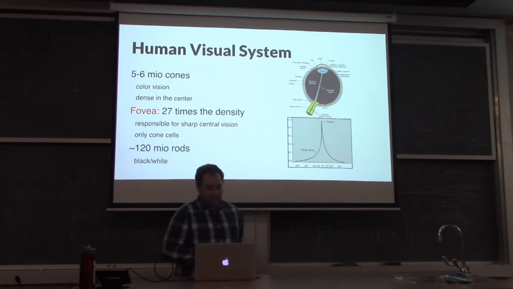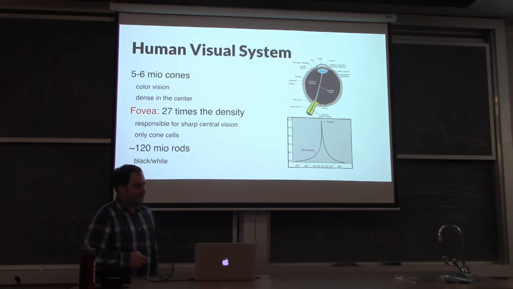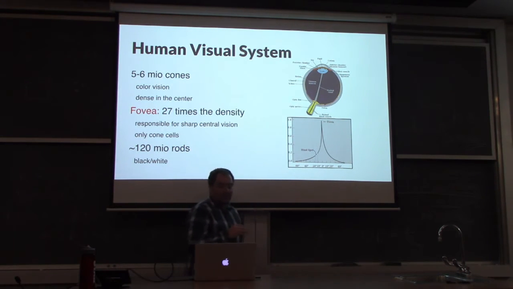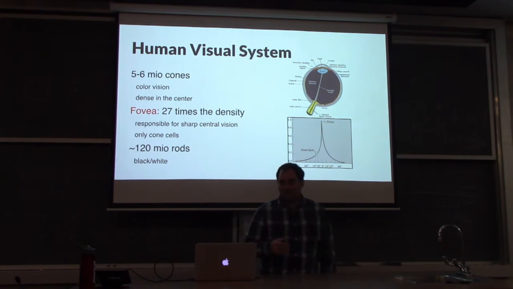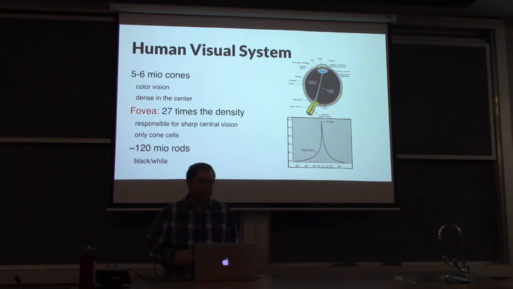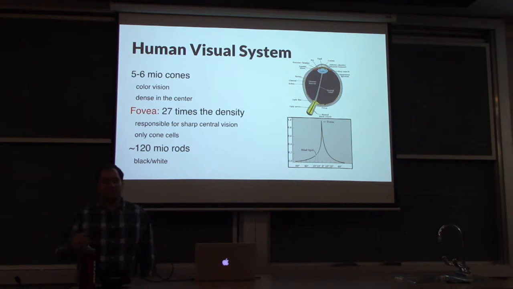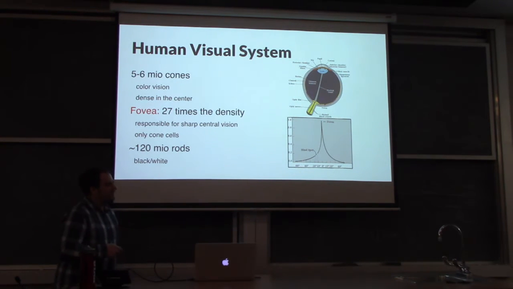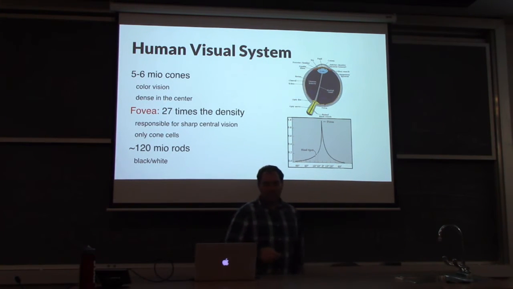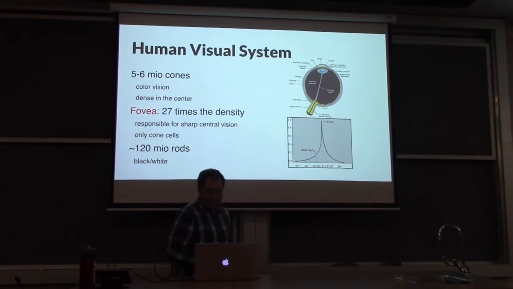You don't have to know any details about this, but the interesting distinction here is between cones and rods. We have about 5 or 6 million cones which are responsible for color vision, and if you don't remember which one of those is responsible for color vision, just say cones is color. It starts the same way. Cones are responsible for color vision, and they are really dense in the center.